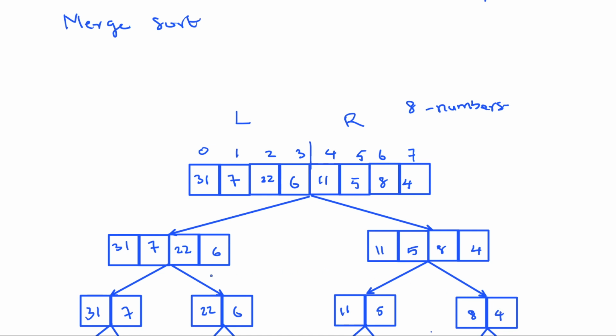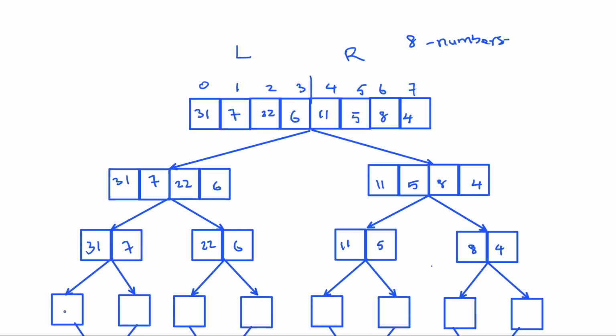Then I will be dividing this again, so I will have 31, then 7, 22, then 6, 11, 5, 8 and 4. Now we will not be able to divide these arrays into smaller arrays further, so we will stop at this point. So our divide part is over.